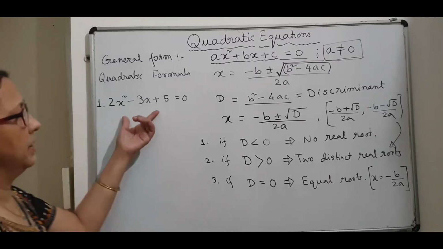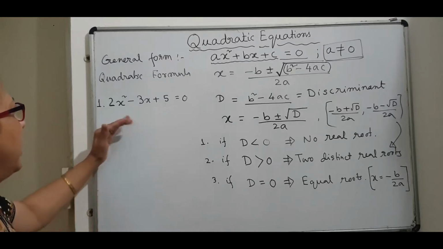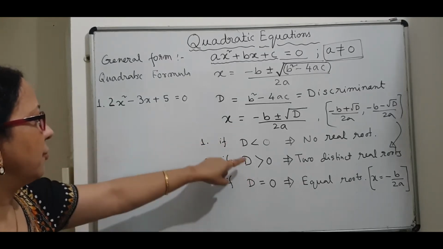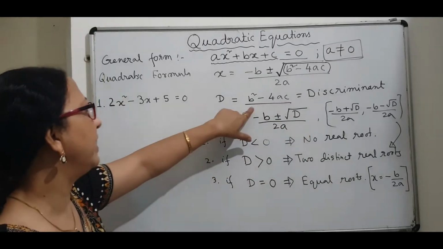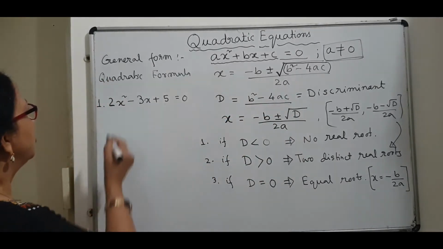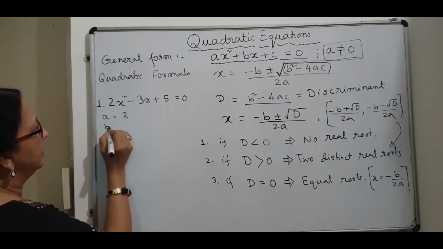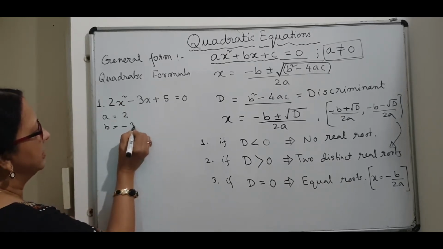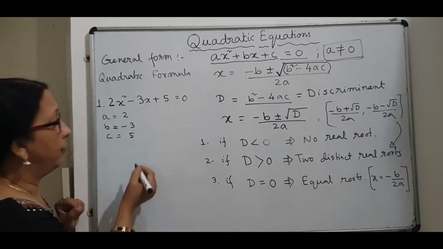Without solving, I have to tell about the nature of roots it will have. For that I have to check this condition, so I have to find the value of D. Let me first find the values of the coefficients. A is the coefficient of x squared, 2, b is the coefficient of x, minus 3, and c is the constant term, plus 5.